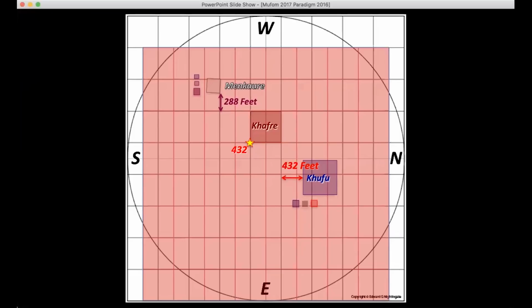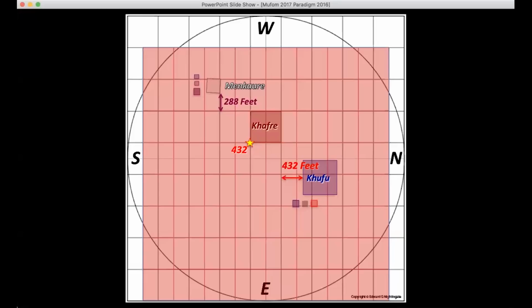We're going to travel 432 feet, but that would be measured at the center line of Khufu, which is 3 feet different than the corner. So it'd be 429 feet if you measured it up from the outside corner of Khufu, as opposed to the 3 feet difference that's the center of Khufu. Okay. So 432 feet to the center.